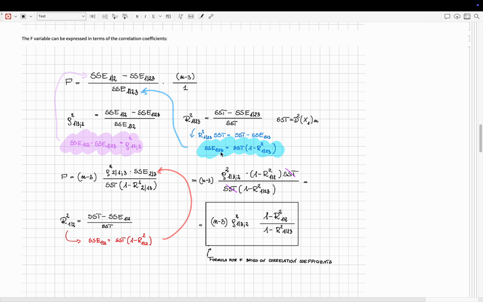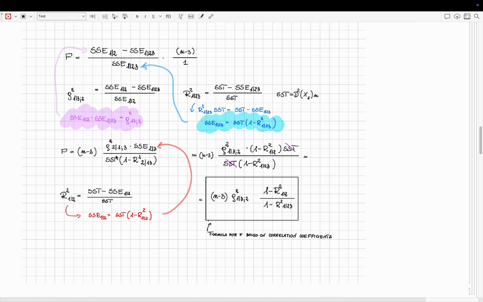The sum of squares of errors of the model can be expressed by the total sum of squares, which is variance multiplied by the number of subjects and squared correlation coefficients. And when we put all those things into the formula, we get the following formula with some correlation coefficients here.